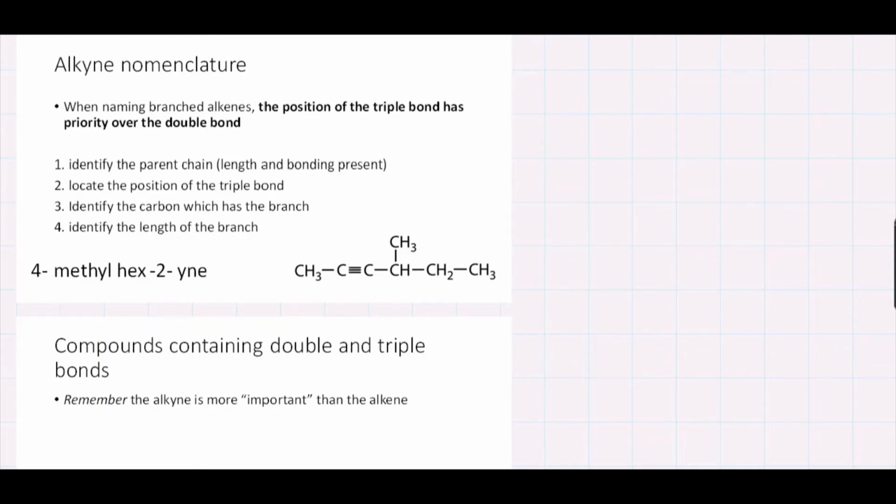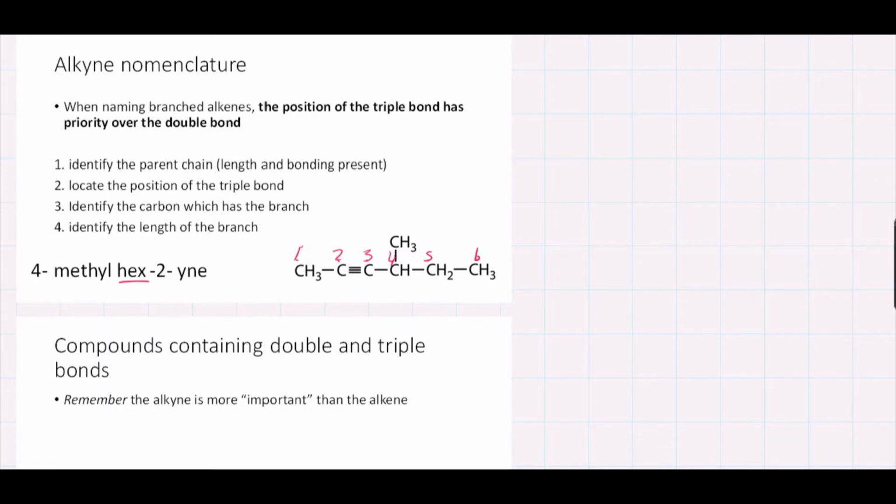So for example, here we've got 1, 2, 3, 4, 5, 6 carbons. That's how we know it is a hex. There is a triple bond in it. It's closer to this end of the chain, so we'll count from this end. 1, 2, 3, 4, 5, 6.